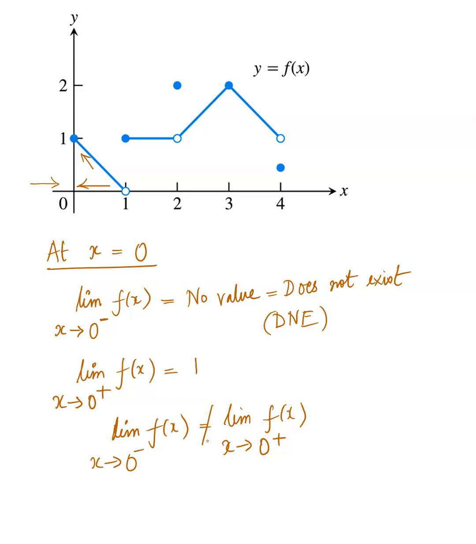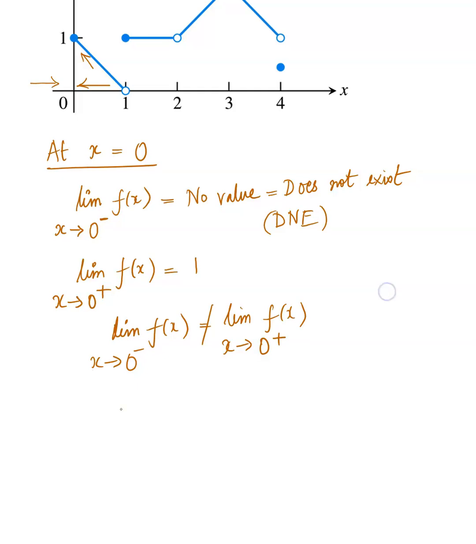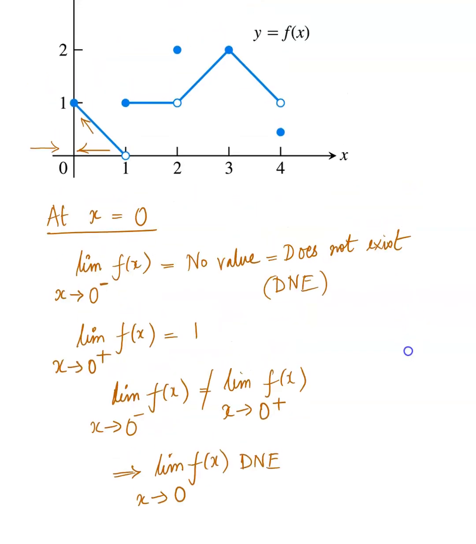So I put the not equals sign, and this implies the limit of f of x as x approaches 0, just 0, which means both sides, does not exist, because the left-hand and the right-hand limits did not match. All right, so this is how we're going to approach each value. Okay, so I'm going to remove that.